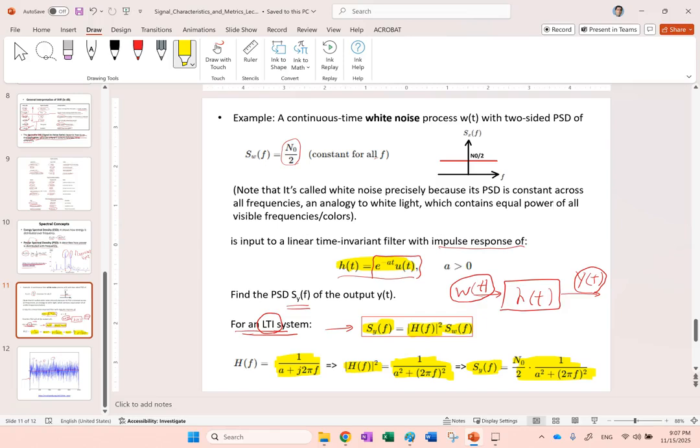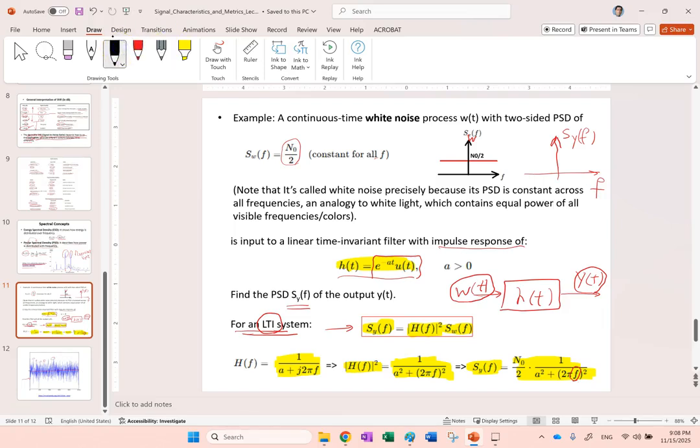Now, what does that mean? Well, although the input has equal power over all frequencies, if you plot the output, so this is S_Y of f, and this should be W of f. In this case, you see that as frequency gets bigger, the whole ratio will drop. At f of 0, it's n over 2a squared, and when f gets bigger, like a hyperbolic function, it drops.